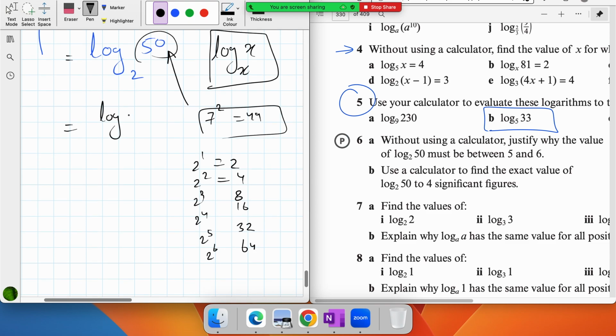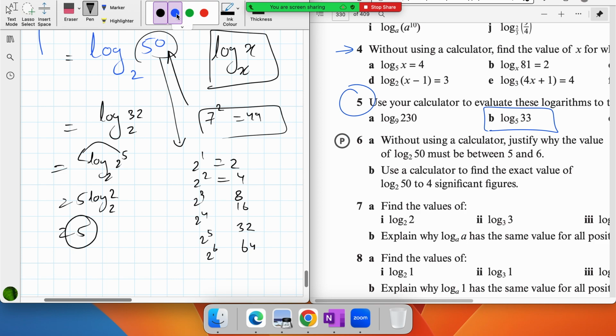So, yes. If it would have been 32, we can say this is log of 2 raised to power 5 to base 2, and taking the 5 out, 5 log 2 to base 2. This would have been 5.